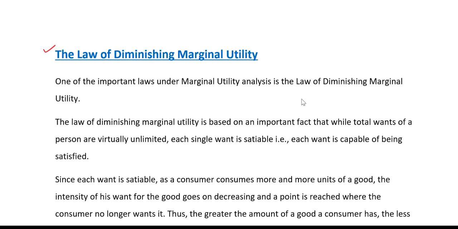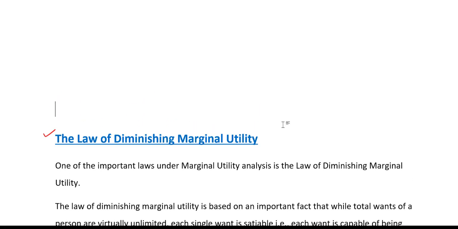Okay, so our next concept is the law of diminishing marginal utility. Let us try and understand the law of diminishing marginal utility. Basically this concept is given by Sir Alfred Marshall. This law states that as the amount consumed of a commodity increases, the utility derived by the consumer from the additional units, that is the marginal unit, goes on diminishing.